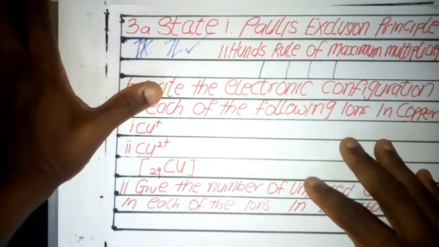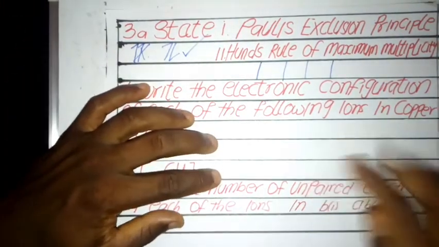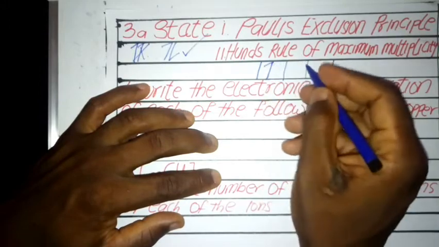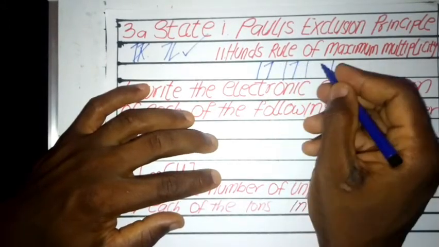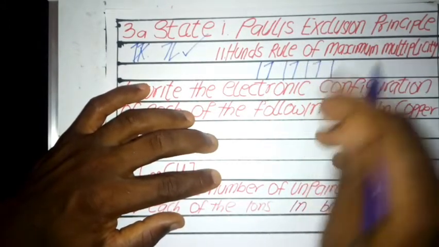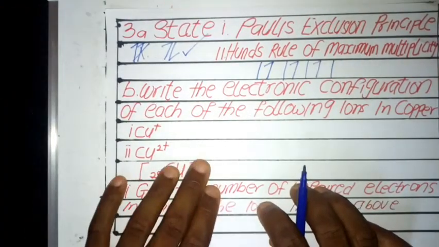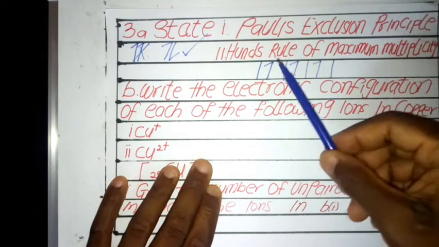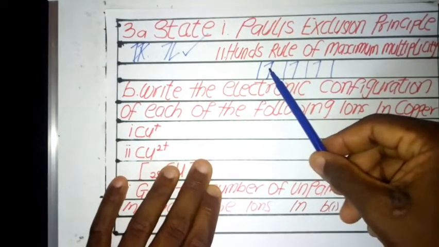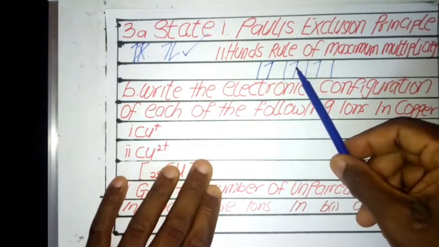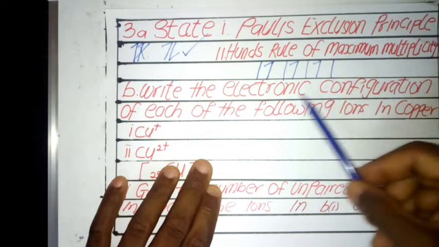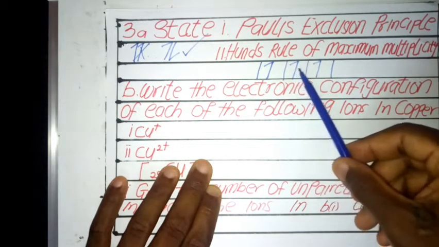So what we do is 1, 2, 3. Remember, put 1 in the first shell, go to the next shell, put 1, go to the next shell, put another 1. If there's another one again, start from the first one, second, third.